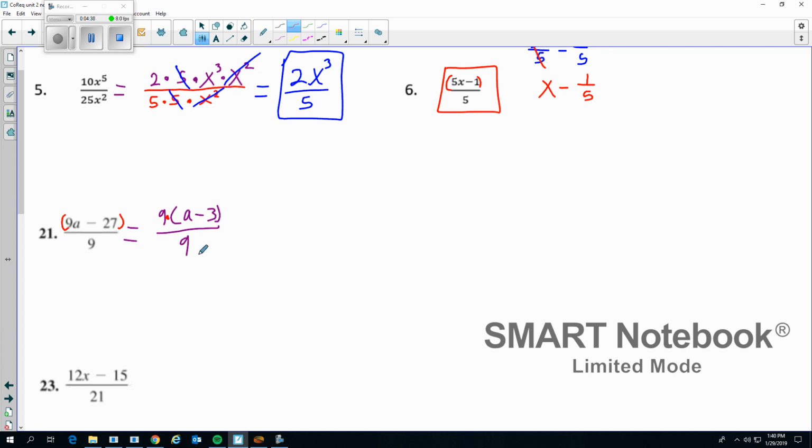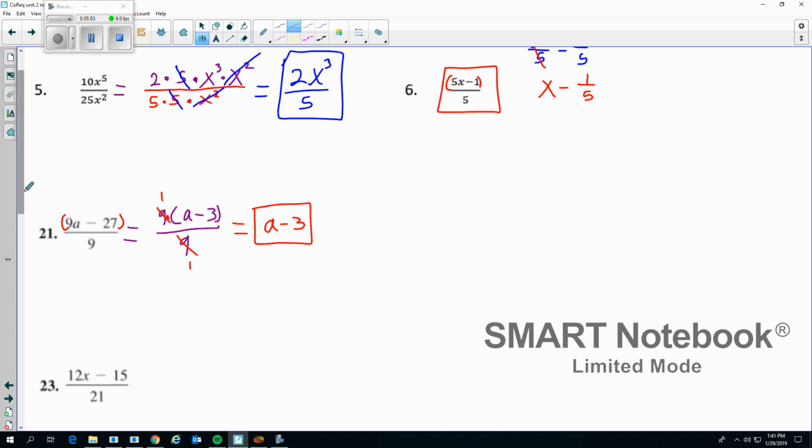So now I can start canceling out anything in common. I have 9s that can cancel out. Then all I'm left with on top is the a minus 3. I don't even have a fraction any longer because those reduce to 1s. You can keep the parentheses or not, it's up to you.